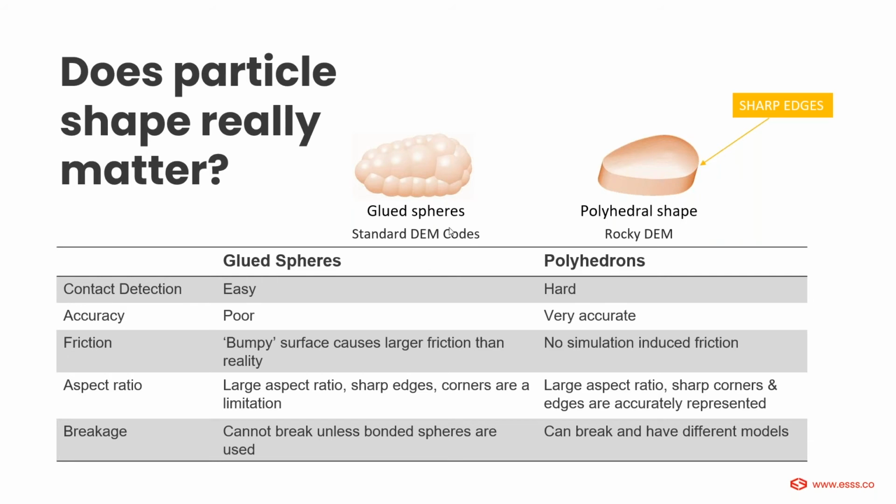These surfaces also cause larger friction to be measured, and when you decide to break one of these particles, you will probably not conserve the particle mass, because you need to recreate both fragments with other spheres. So of course you lose some information by doing that.